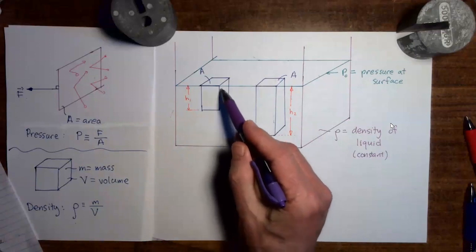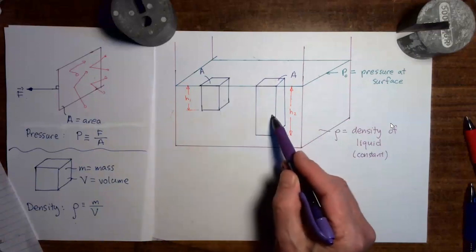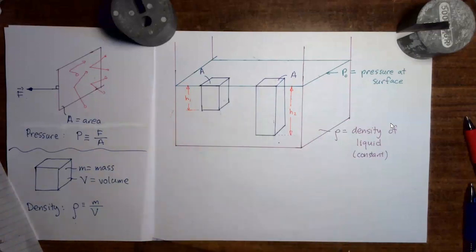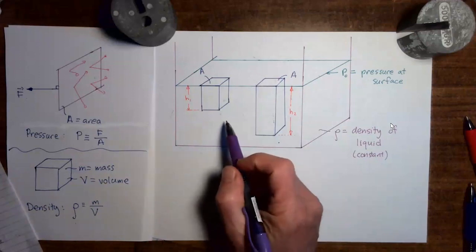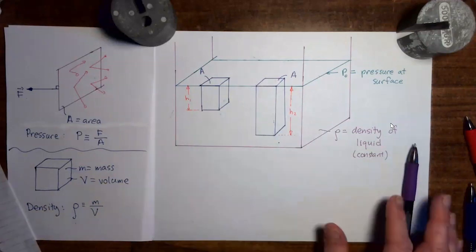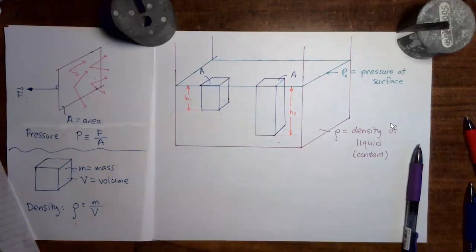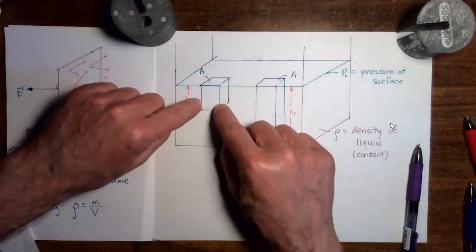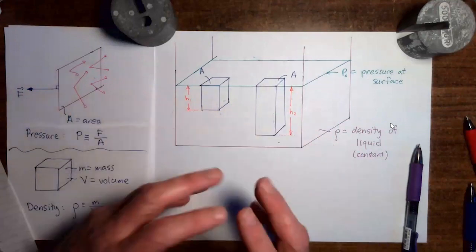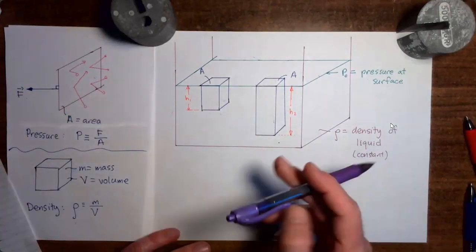These rectangular shapes do not represent physical things that I have stuck into the liquid. Rather, they represent imaginary boundaries separating smaller regions in the liquid from the larger liquid.